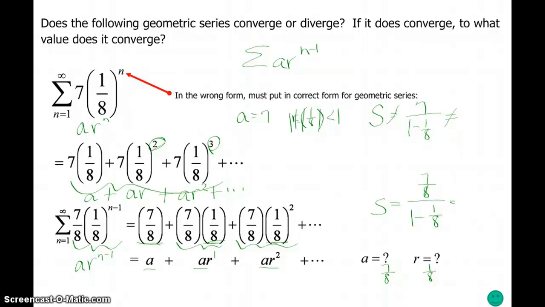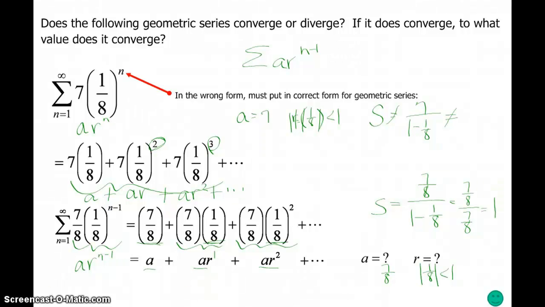So if it's in the wrong form, you must put it in the correct form for a geometric series. And again, you must show that you recognize that it is a convergent geometric series before you go about finding the sum. So this is 7/8 over 7/8. That has a sum of 1.